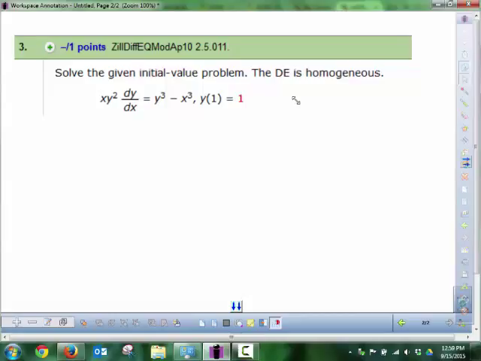All right. So this is a homogeneous differential equation. How would you know this is homogeneous? What is a homogeneous differential equation? Degree is the same. Degree of what, though? X and Y. The degrees of X and Y are the same.